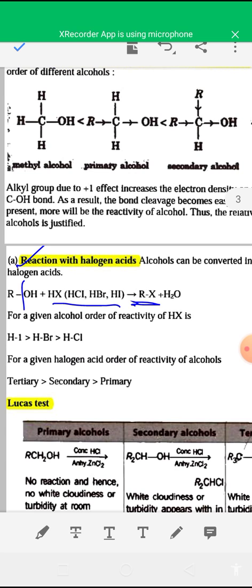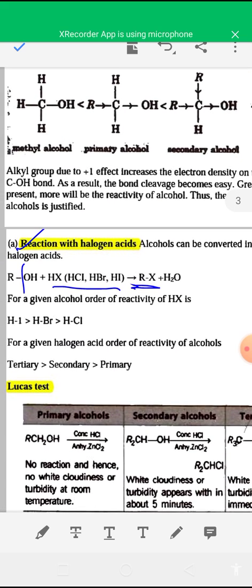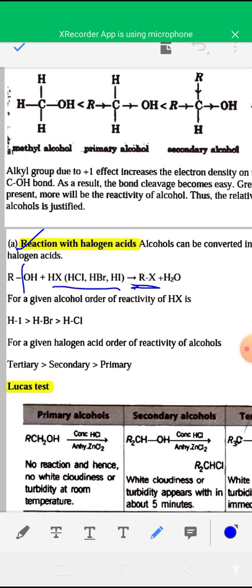So when alcohol reacts with halogen acid like HCl, HBr, HI, the OH group of alcohol will be substituted by a halogen atom. Here HI is more reactive than HBr, than HCl.